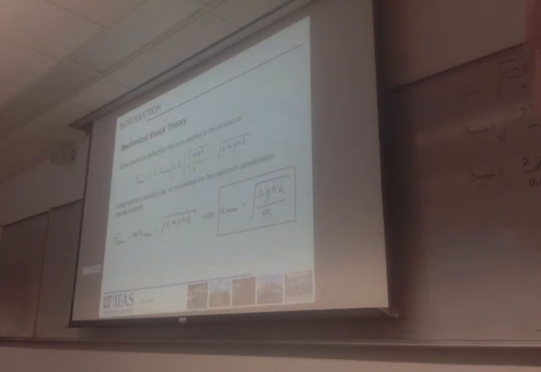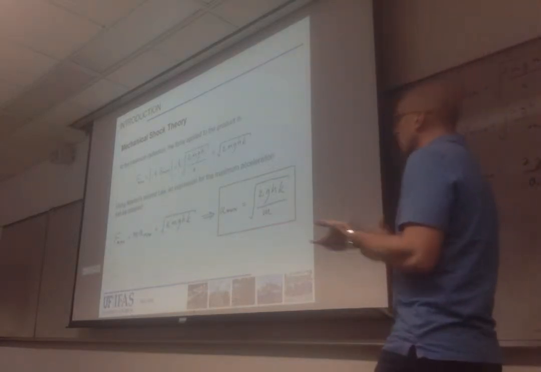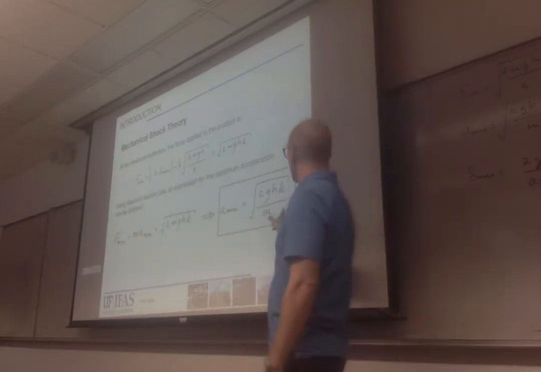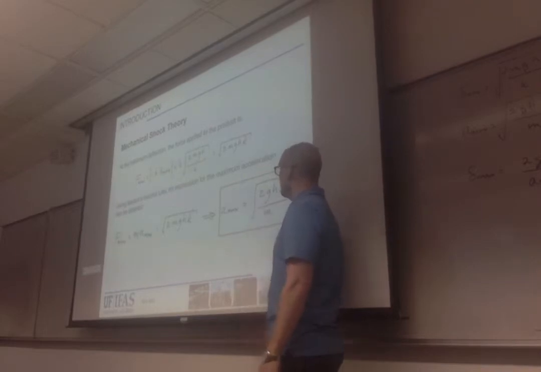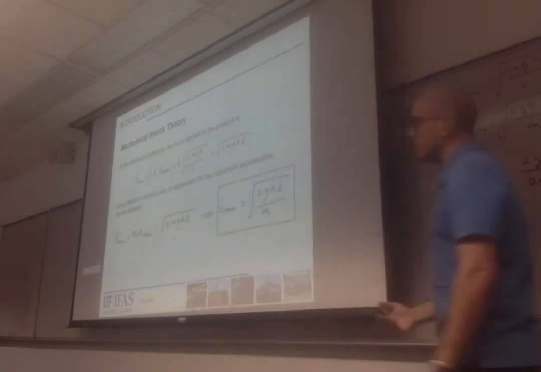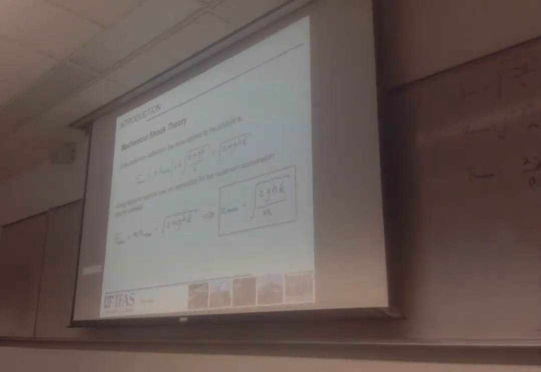If you fall on a hard surface, you're going to feel a higher acceleration, and you're going to get more damage than if you fall on a softer surface. That makes sense. Here we have the mass. So that means that if we have a larger mass, the maximum acceleration is going to be smaller. How do you make physical sense of this?